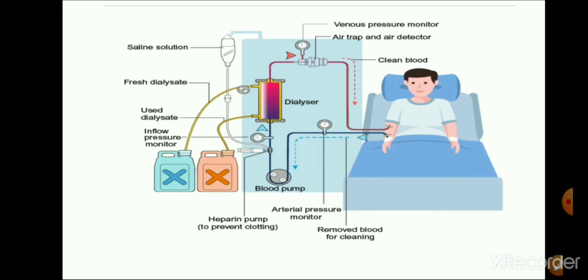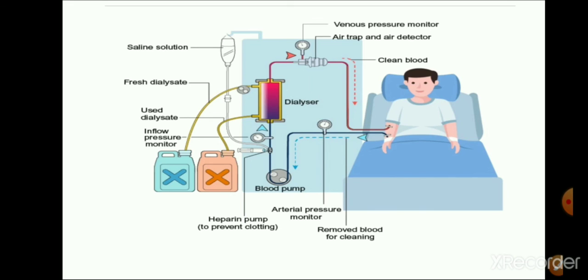As shown in the figure, we have a saline solution, and fresh dialysate is drained into the dialyzer chamber, and the used dialysate is also drawn from this chamber. We have an inflow pressure pump for the flow of blood through the dialysate.